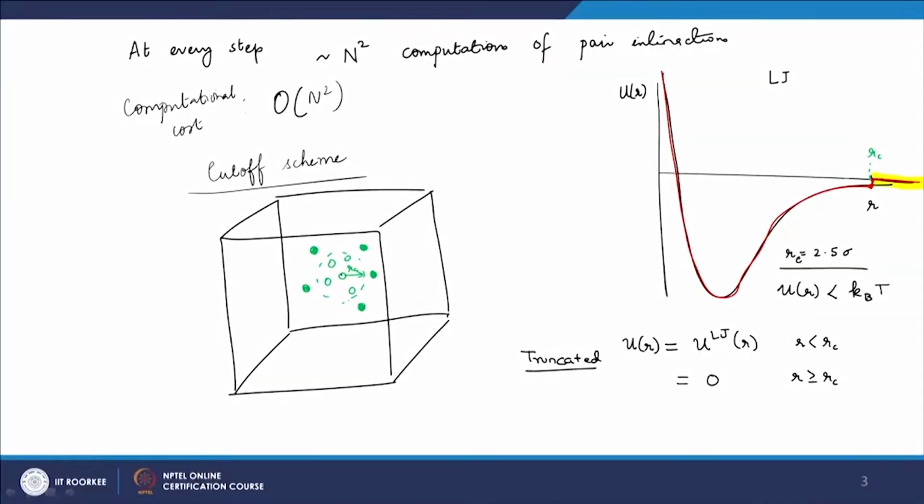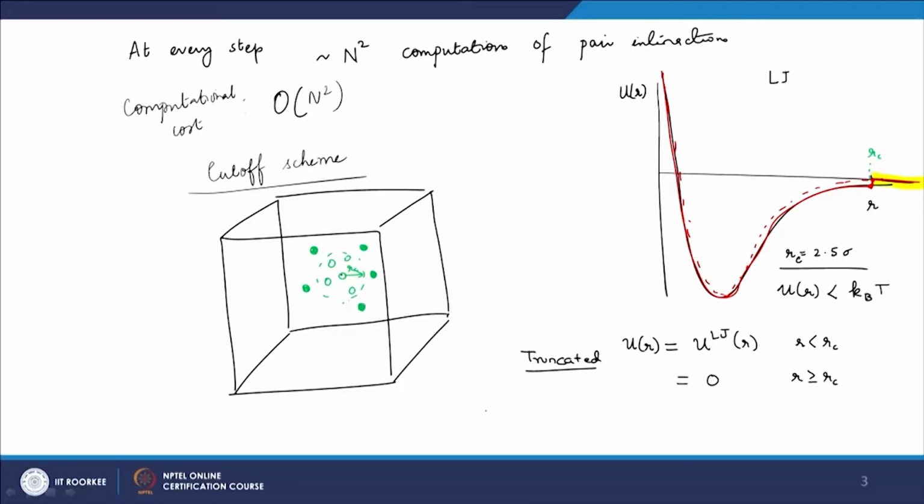So, it is a better practice then to shift the potential such that I will make it 0 here and I will make that small correction corresponding to the U value at cutoff. It will barely make any difference here, but it may make somewhat larger differences towards the cutoff distance. But by and large the advantage of this is I will not have any problem because of discontinuity of energy.